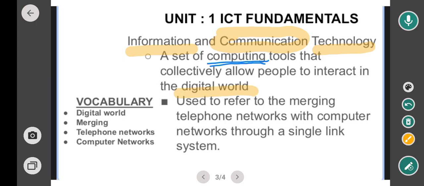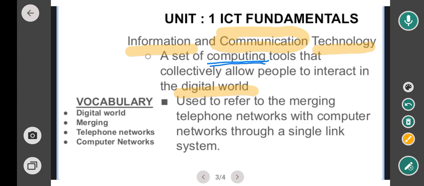If a man is near to me, then we communicate without any technology. But for people who are far away from your side, where you can't see them and they can't hear you, then you can use the digital world to interact with them. So basically, ICT means information and communication technology.